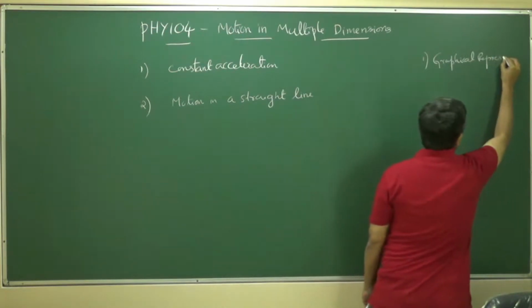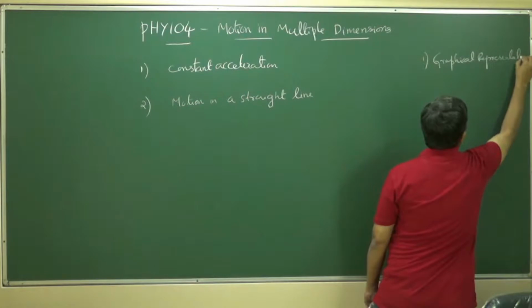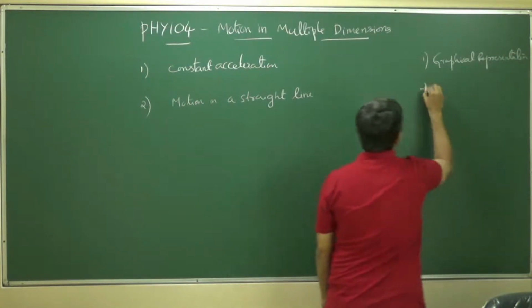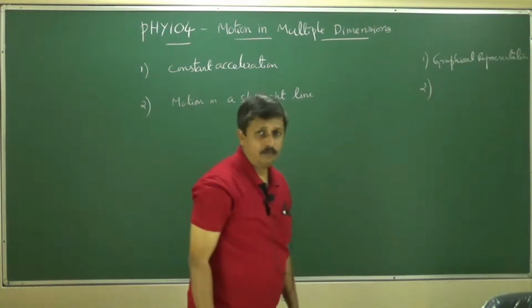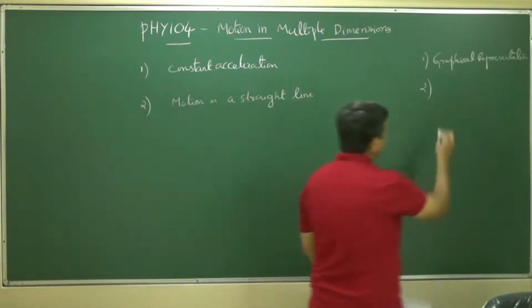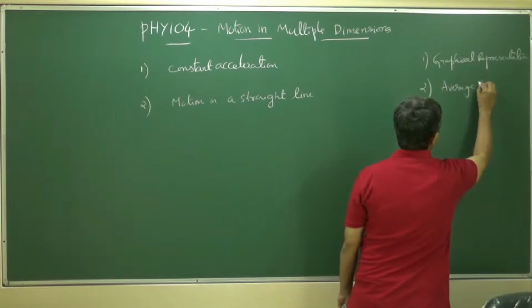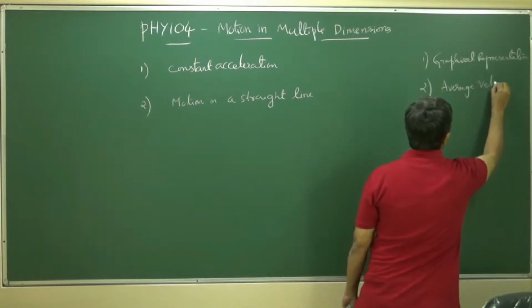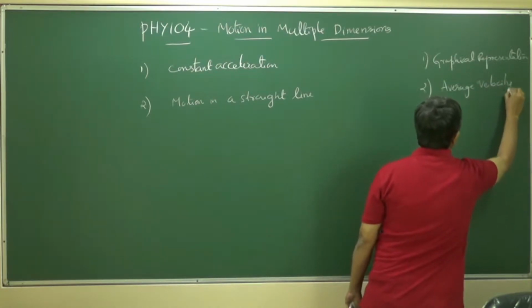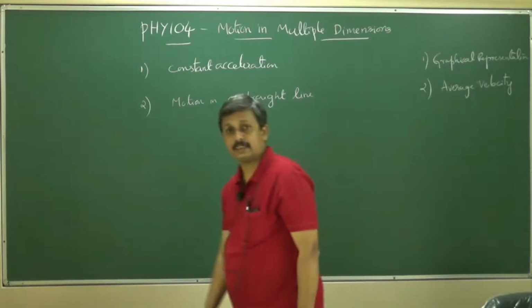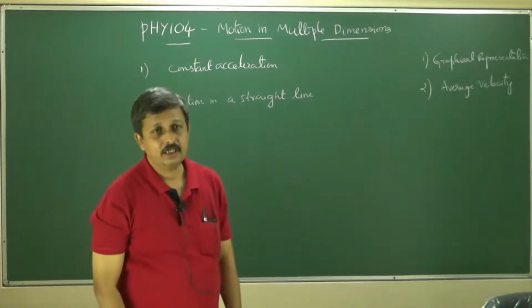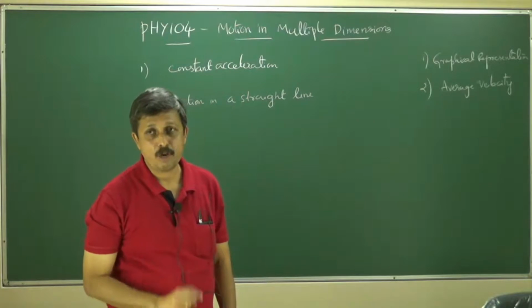The second one is understanding the average speed or average velocity. We will get into average velocity in slightly more detail and understand it in a much more complex scenario.